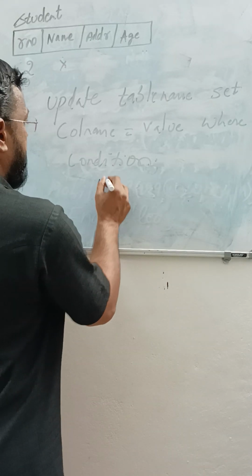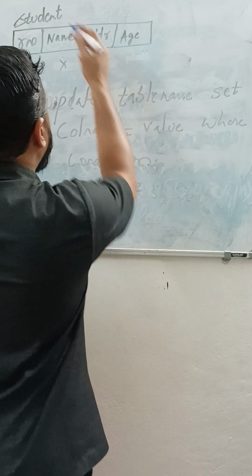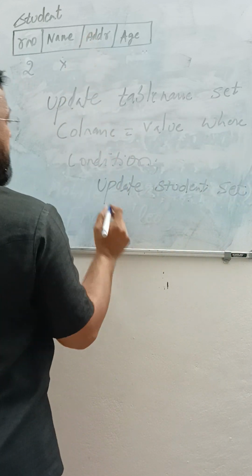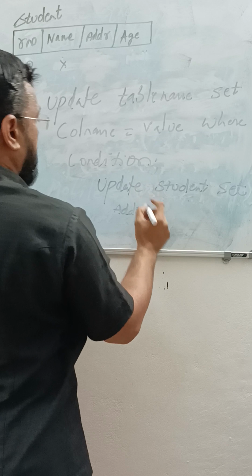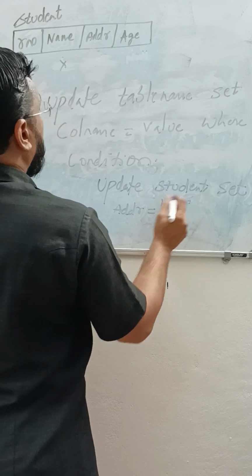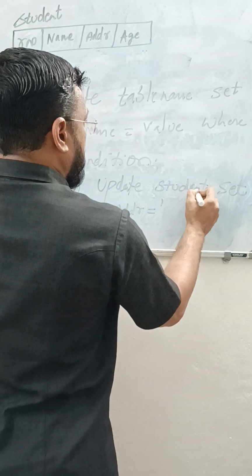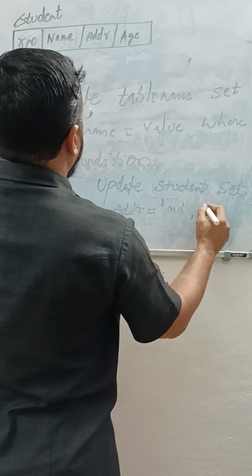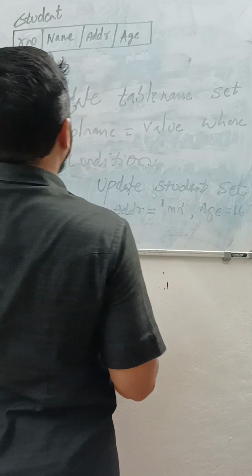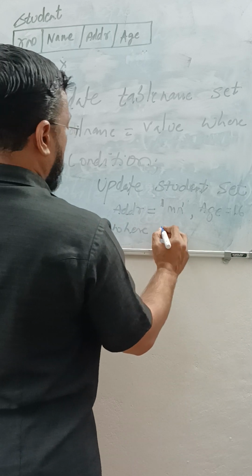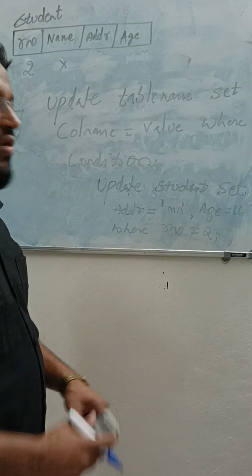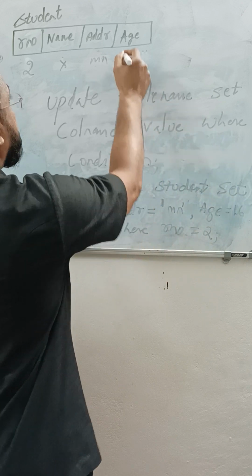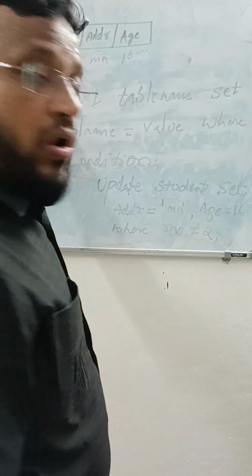I can write update table name, that is student, set address to some name, mn, and age equal to 16, where roll number is equal to 2. So when I execute this command, this address mn and 16 will be added for this roll number 2.